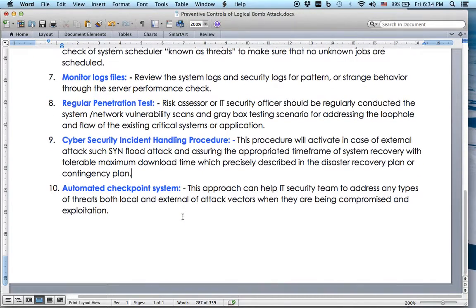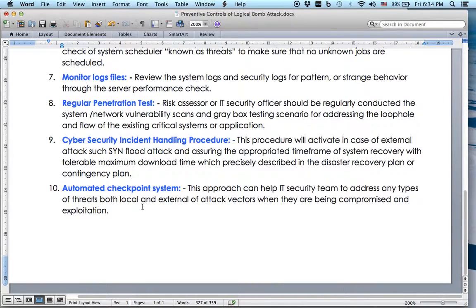So the last mechanism is an automated checkpoint system. This is also preventive or detective against logic bomb attacks, where the fraudster attempts to compromise the system to execute the threat without proper validation process within the IT security environment.